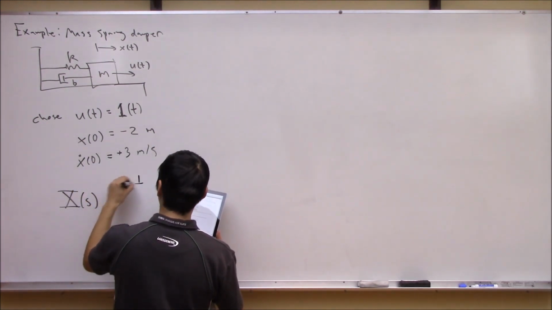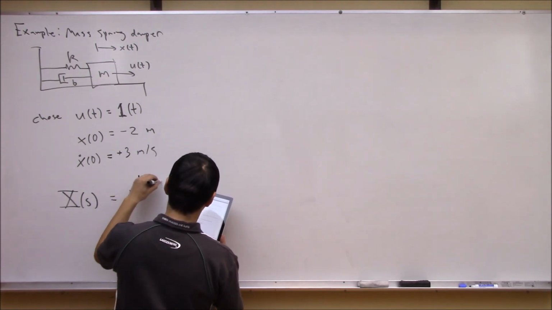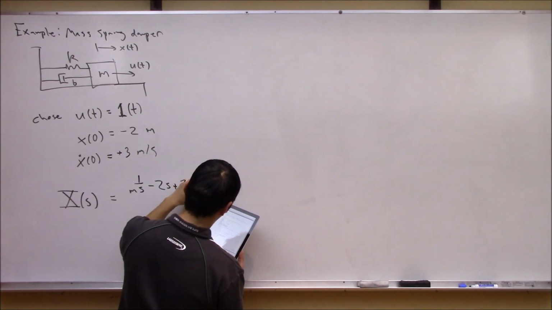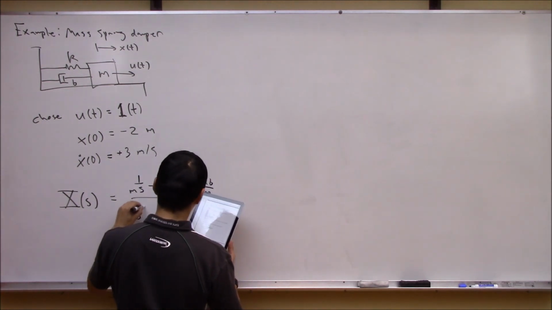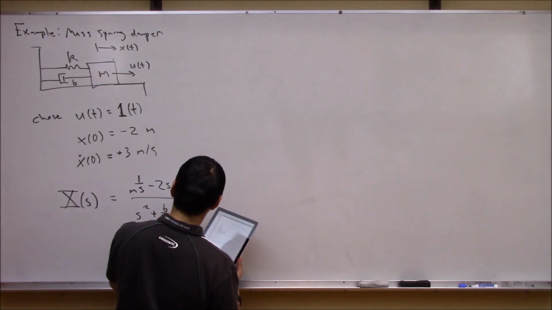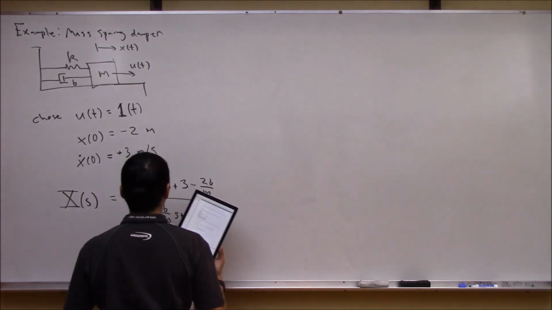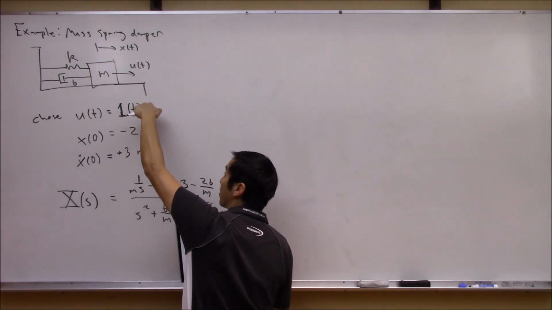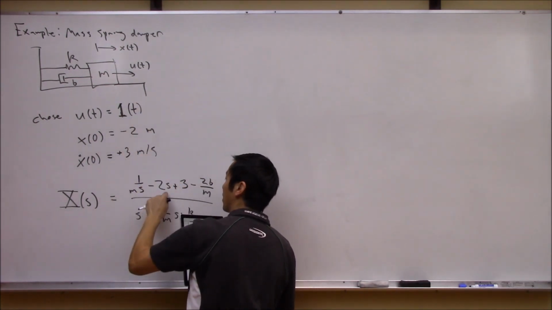Let me just write 1 over ms minus 2s plus 3 minus 2b over m, all over s squared plus b over m s plus k over m. This was what the system did in response to this unit step input with these initial conditions.